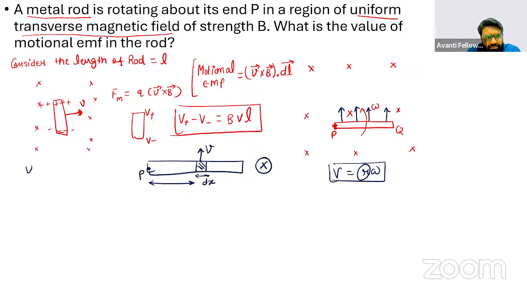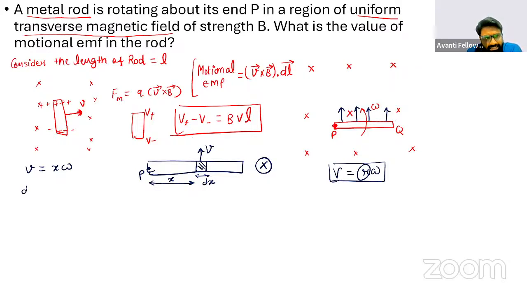So what will be the velocity then? V is equal to r omega. R is x, because the distance of this dx element from the axis of rotation is x. So it will become x into omega. Got it? The motional EMF for this element would be very small because the element is very small.